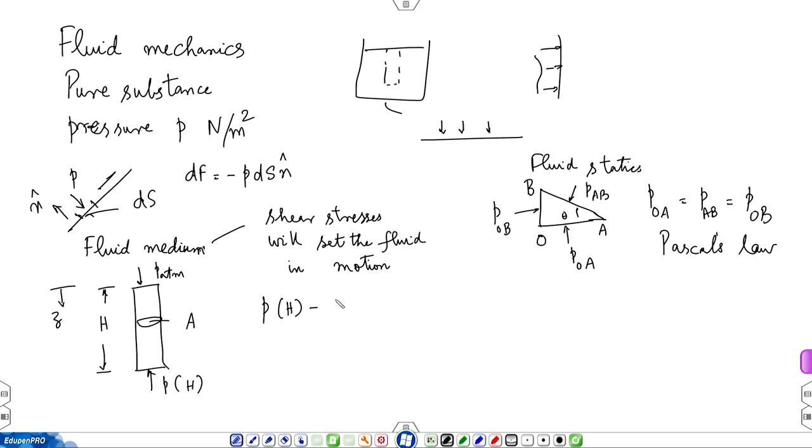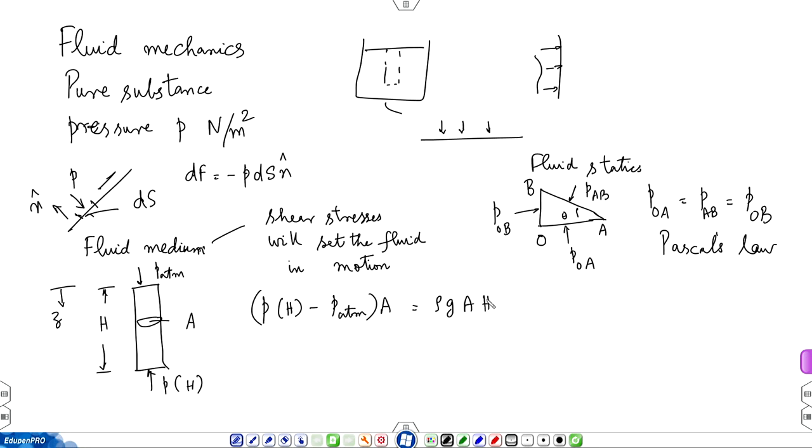So you can immediately see that P at h minus P atmosphere multiplied by area A will be equal to the weight, which is rho g A h.